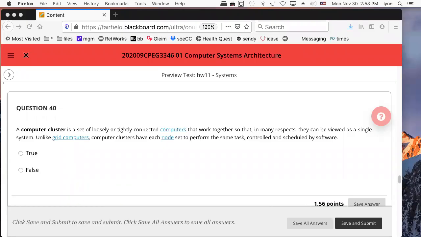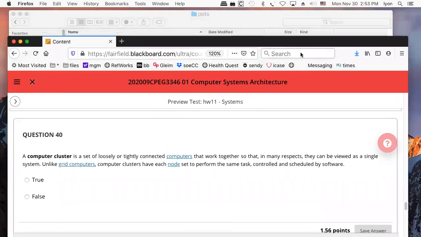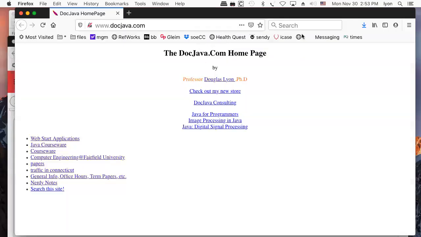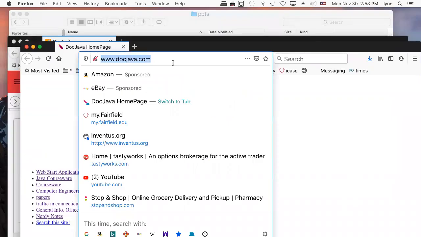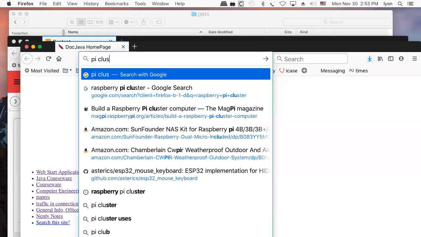True. That is true. So the difference between the cluster and, you know, this is another application now that I think about it, another application for a Raspberry Pi, because all the nodes can be the same and they can be very close to one another. They can be geographically co-located. So you can build a Pi cluster.